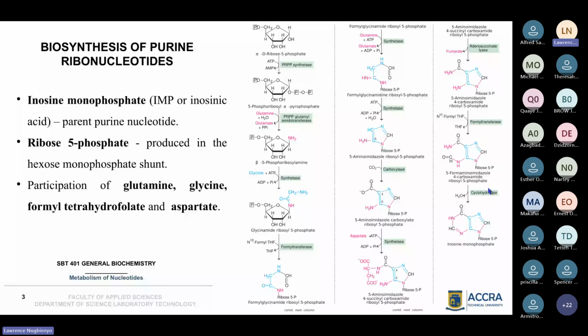So you can appreciate the parts of the purine ring that are given by each of these molecules participating in the synthesis.